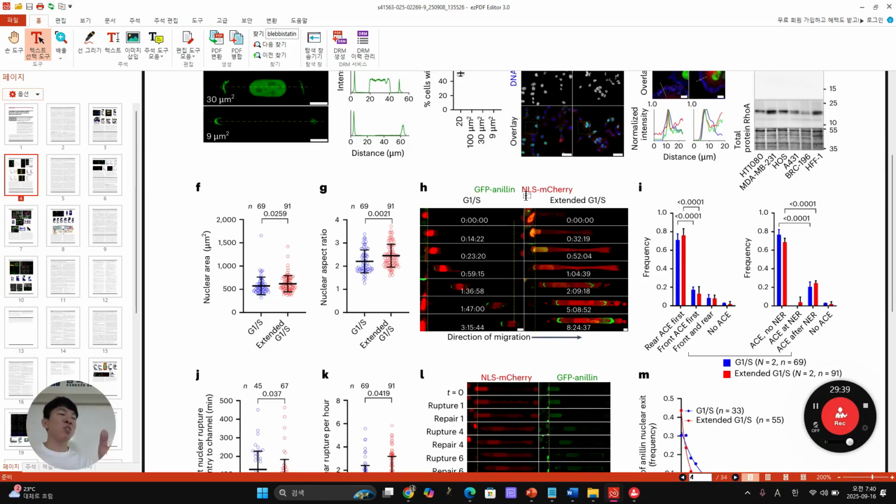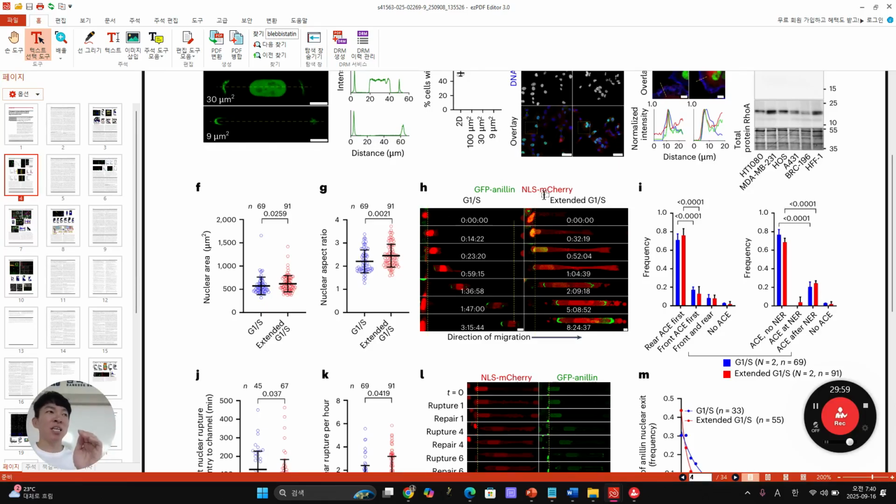For recognizing which kind of protein can be delivered inside the nucleus by importing, it is detected by the NLS domain. This is a peptide domain. So this NLS protein is dyed by mCherry in red color.